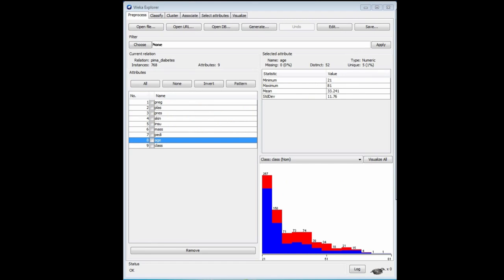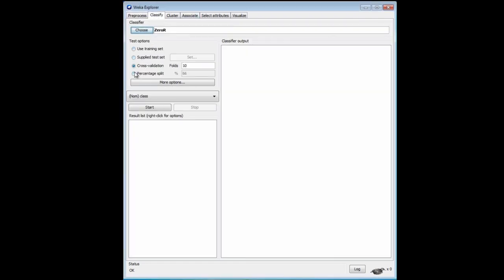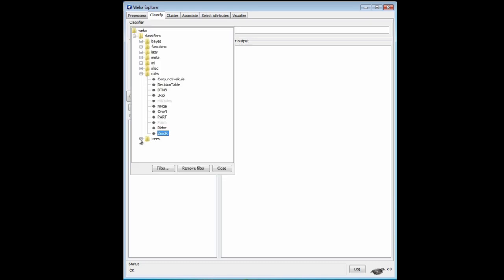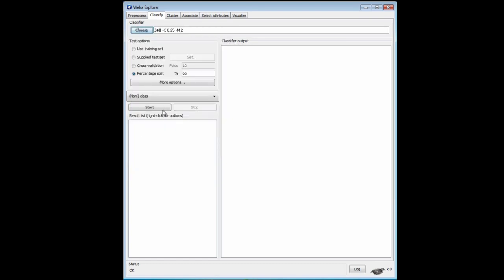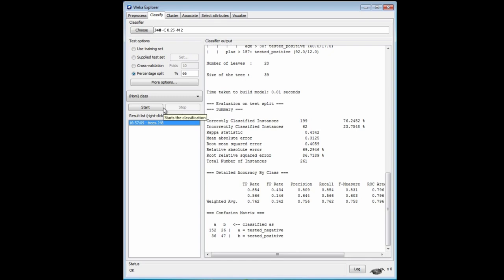Anyway, I'm going to use percentage split, and I'm going to try a few different classifiers. Let's look at J48 first, our old friend, J48. So we get 76% with J48.